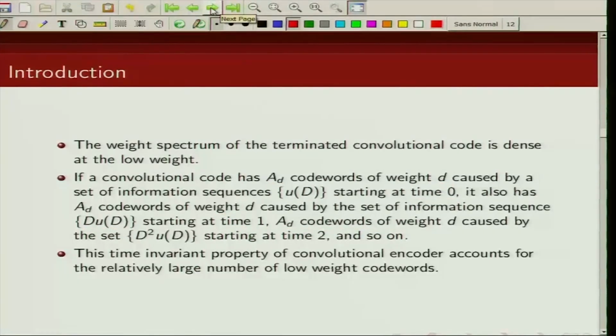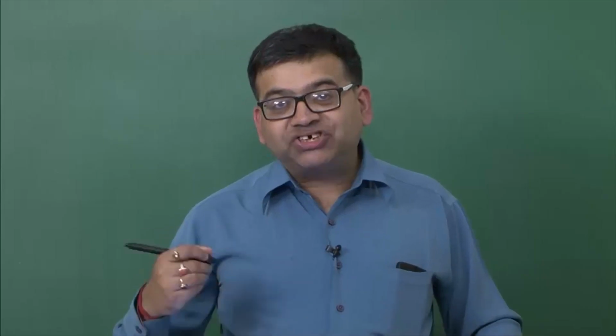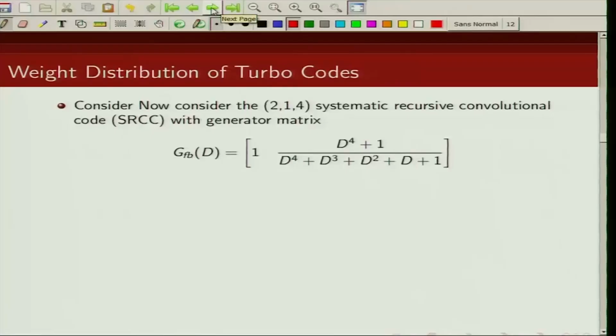So this time invariant property of the convolutional encoder accounts for the relatively large number of low weight code words in the weight spectrum of the convolutional code. Now let us consider the equivalent systematic feedback encoder. This is equivalent to the feedforward encoder generator matrix that we saw earlier.